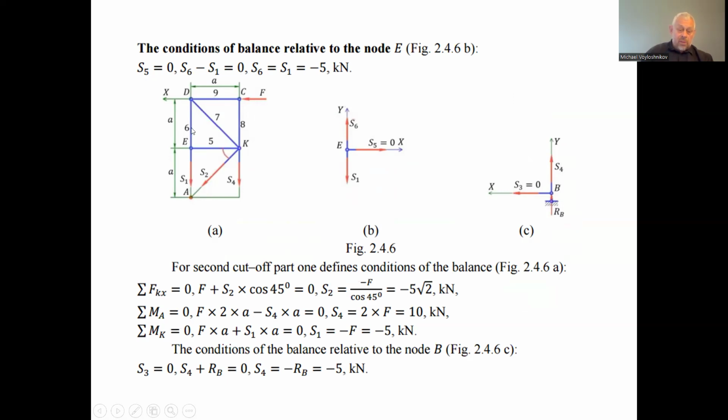So these two rods, 6 and the first, are on the same line, and the force in rod 5 is perpendicular to this line, so the force in rod 5 is 0, and that's why the forces in rod 1 and rod 6 are equal in size and of opposite direction, equal to minus 5 kilonewton.